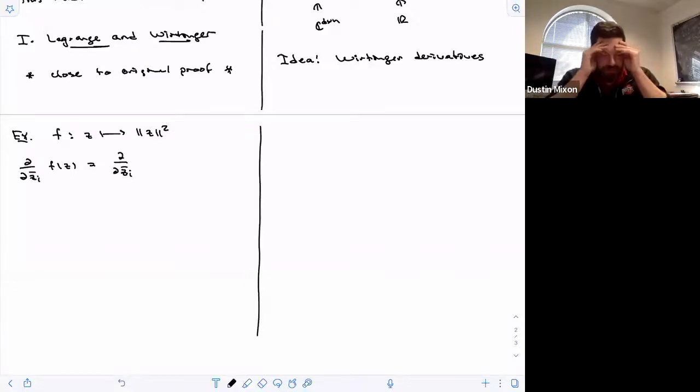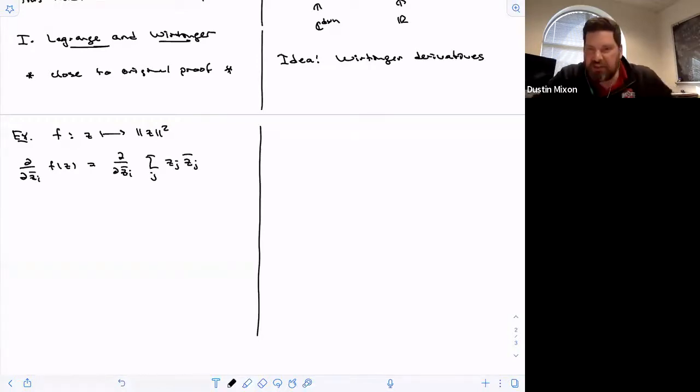So you might think to yourself, okay, I got this complex thing, I'm taking a bar somehow, how does calculus interact with complex conjugation? What's going on here? So the amazing thing of Wirtinger calculus is if you have a polynomial of z_j's and z_j bars, then to take the partial derivative with respect to z_i bar, you're going to formally take a partial derivative as if everything is constant except for z_i bar, including z_i.